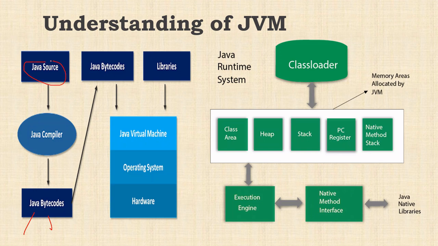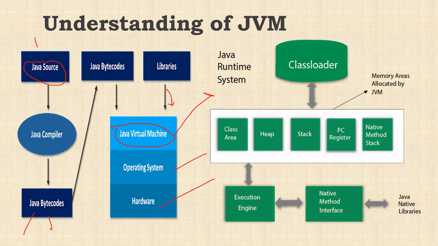That test.java file will be compiled with the help of the Java compiler, and it will be converted into your bytecode, that means the test.class file. So this will be your class file. Now we have bytecode, and with the help of JVM, this code will be executed with the help of the libraries. And this is our hardware and operating system. So this is the role of the Java virtual machine.